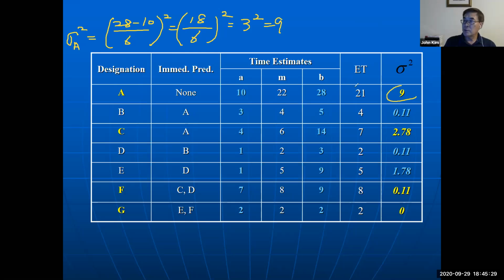So 9 is the variance of activity A. Using this formula, we can get all variances for the activities.